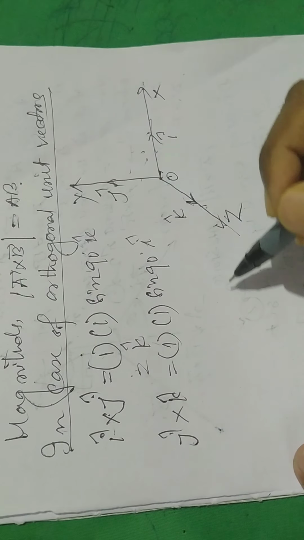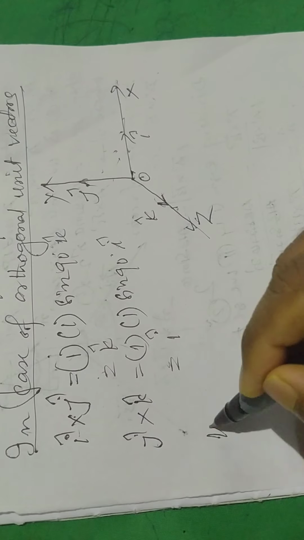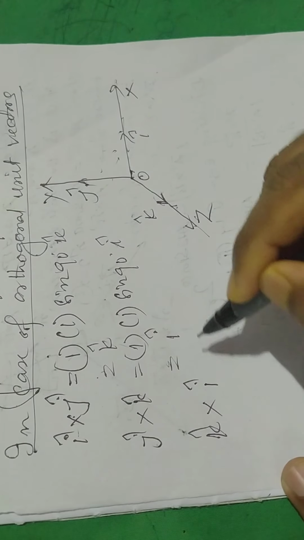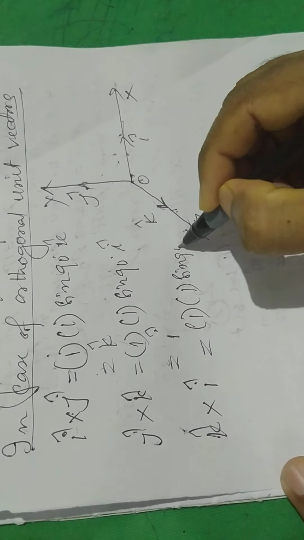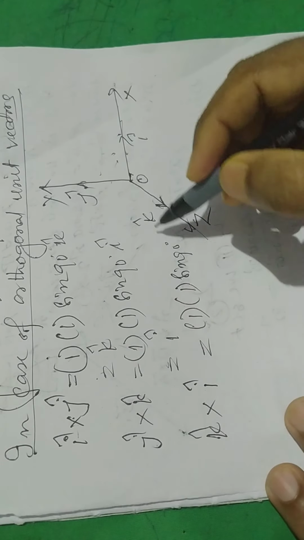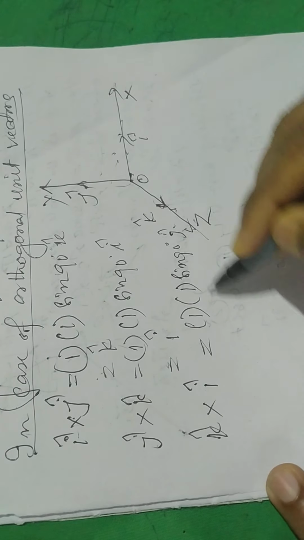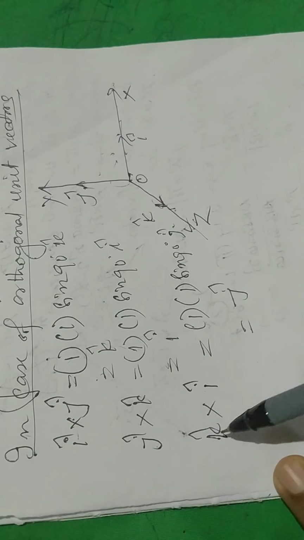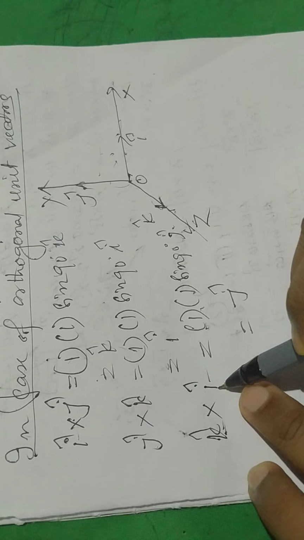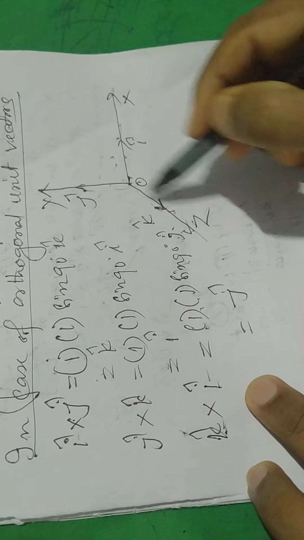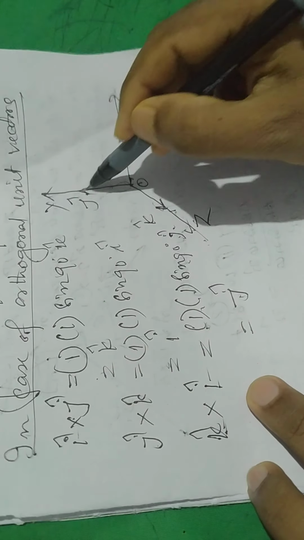So j cross k is i cap, and k cross i is 1 sine of 90 degree, with direction along the unit vector j along the y-axis, so j cap.